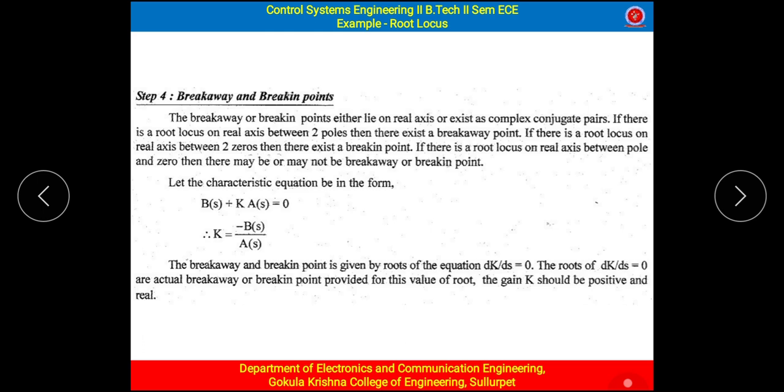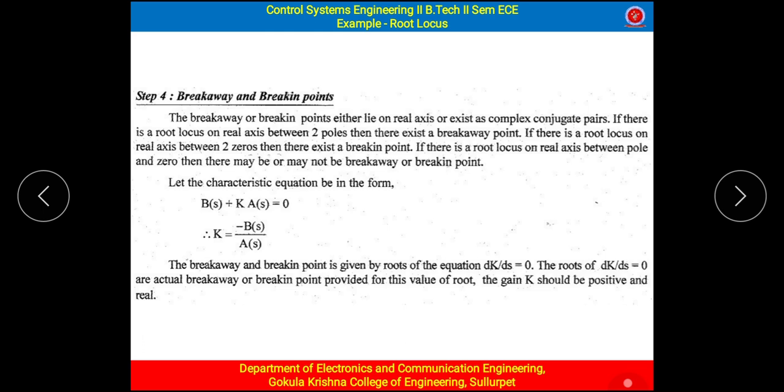So how do we calculate this? We take the characteristic equation and calculate k. Then we take dk by ds, differentiate k with respect to s and make it equal to 0. Then we calculate the value of s for which k is positive and real.